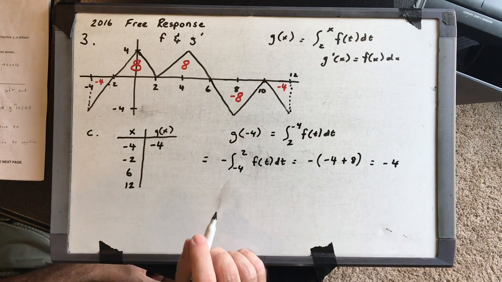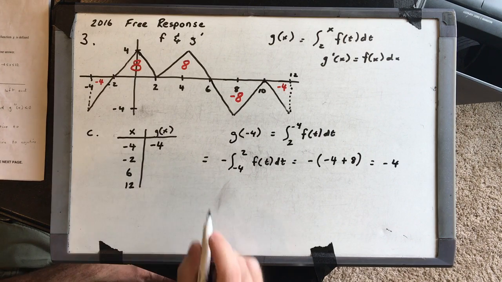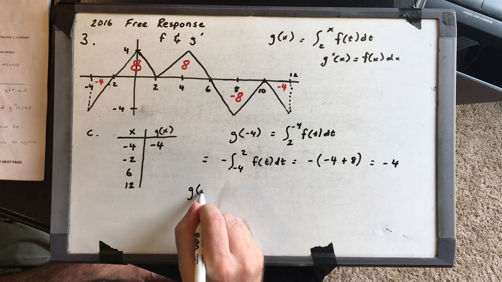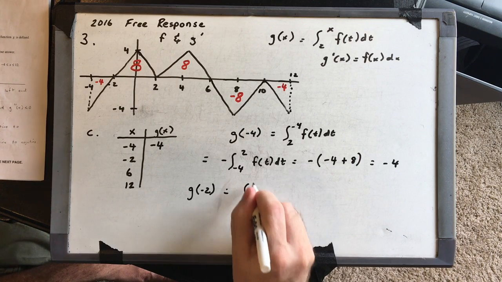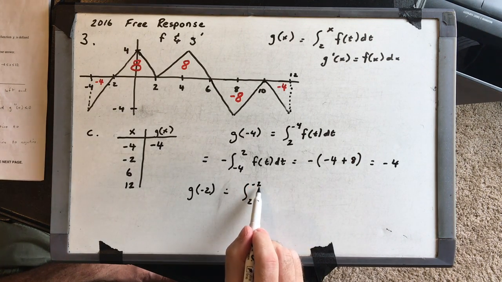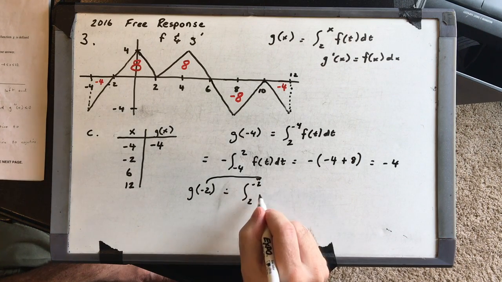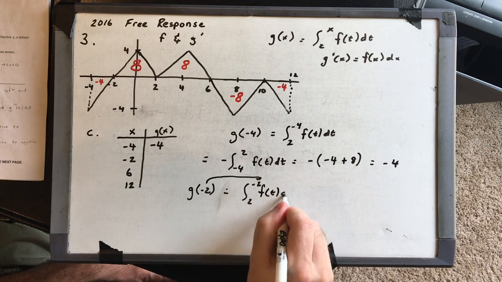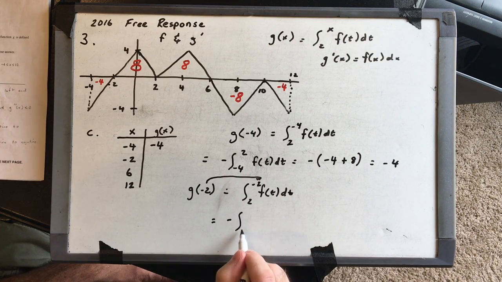Okay, let's look at our next point, negative 2. G of negative 2 is going to be from 2 to negative 2 of f of t dt. I've got to reverse those limits of integration, so minus the integral from negative 2 to 2.